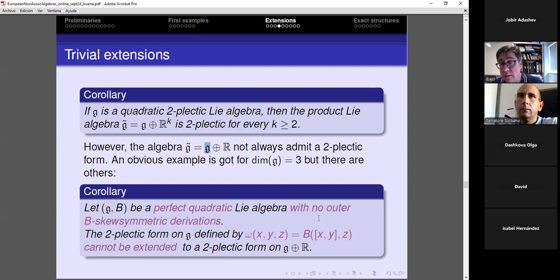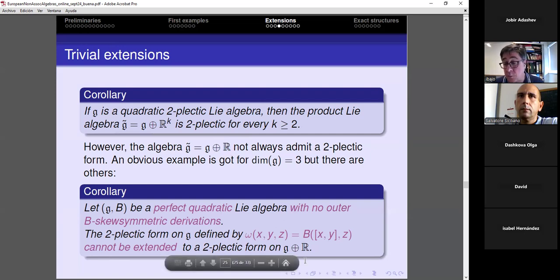So that shows that the problem of trivial extensions, although apparently it is very simple, is not so simple. And actually, I have to say that we do not have a complete answer to the question. We do not know if we can always have a two-plectic form on this Lie algebra, except for the cases that are mentioned here.